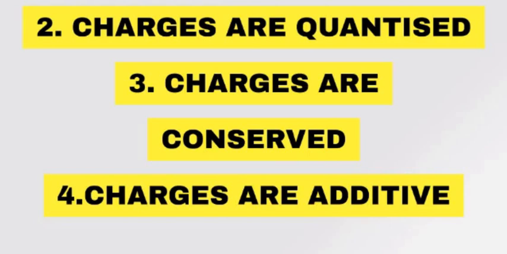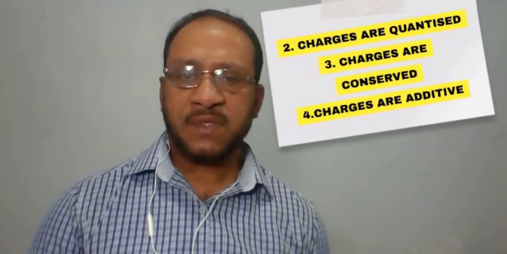Coulomb is the SI unit of electric charge. So when we charge a body, either negative or positive, it can have charges 1 times, 2 times, 3 times the charge of an electron. Means it cannot be a fraction. So the total charge on a body can be an integer multiple of the basic unit of charge, that is the charge of an electron.